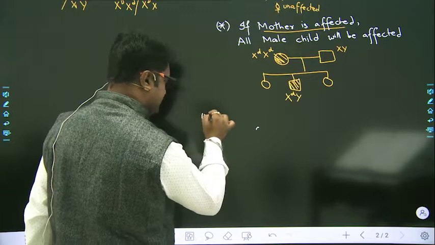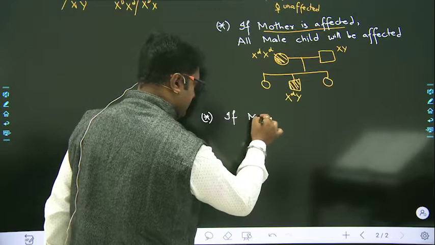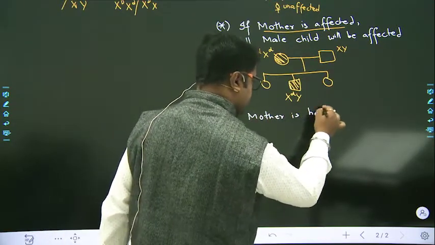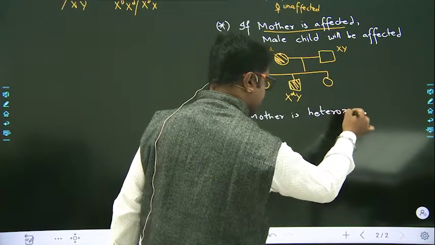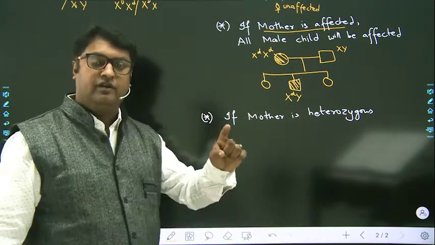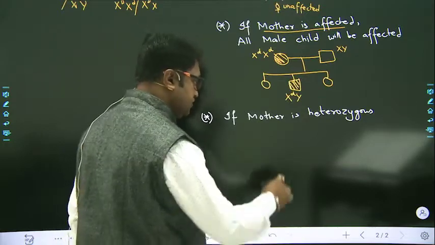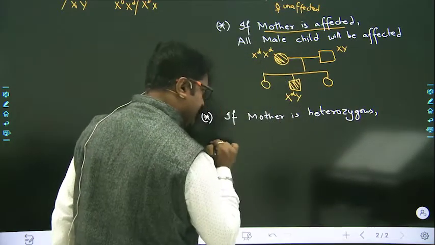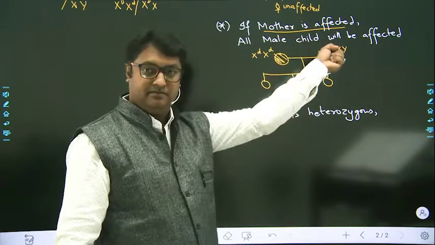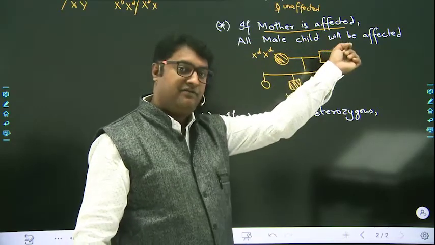The third and the last concept we will be using is that if the mother is heterozygous, that is, out of the two X chromosomes, one will be carrying the defective gene and the other will be carrying the normal gene. In the previous statement, if the mother is affected, that is, both X chromosomes contain the defective gene, then all the male children will be affected.